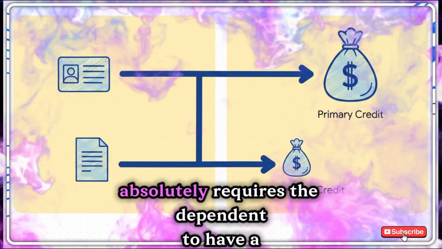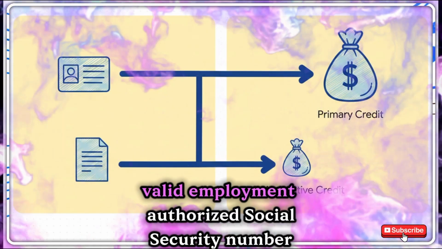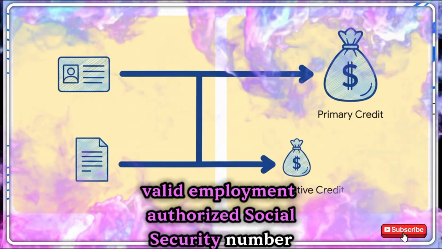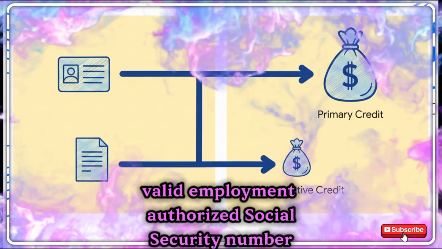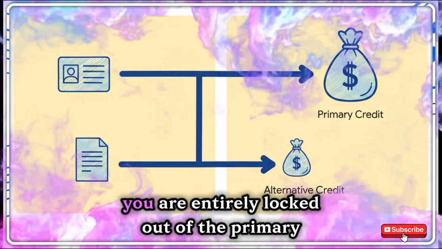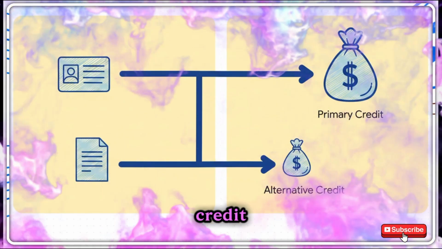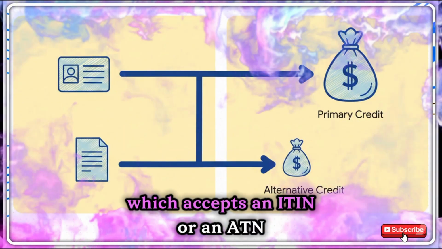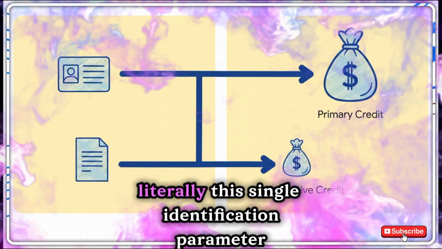Furthermore, these credits are subject to strict income limitations based on your modified adjusted gross income, or MAGI. For individual filers, the exact phase-out threshold starts at $200,000. This is exactly where the mathematical degradation of your child tax credit begins. And remember that cause and effect relationship we talked about earlier?